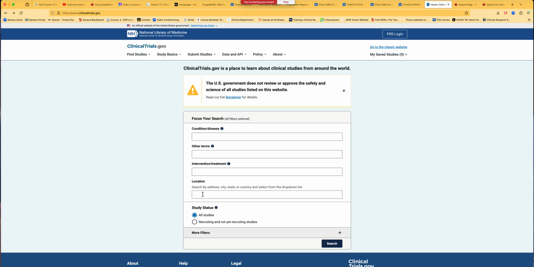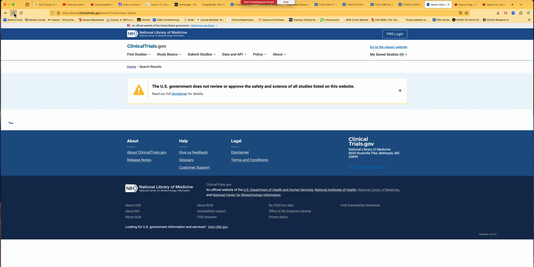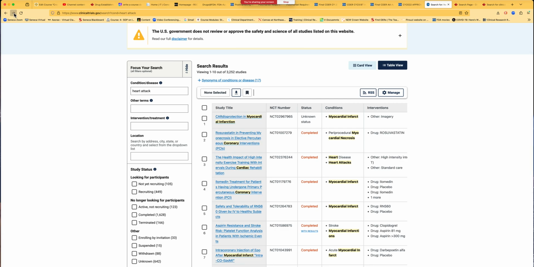For example, just put a location or intervention or treatment or other terms or a disease condition. Then the site is going to show you, in a tabulated format, in a table that you see, the list of the studies. So for me, I looked into the condition that was heart attack.